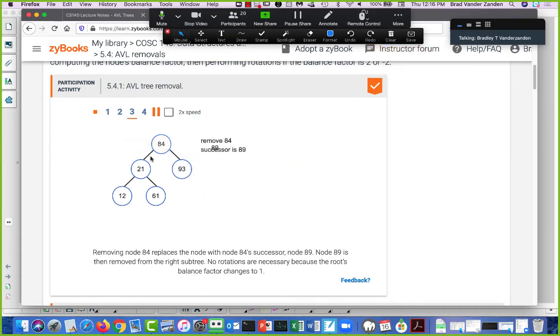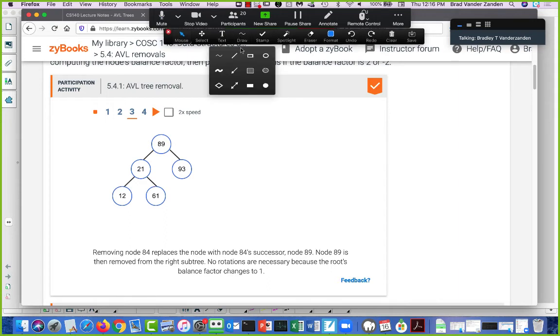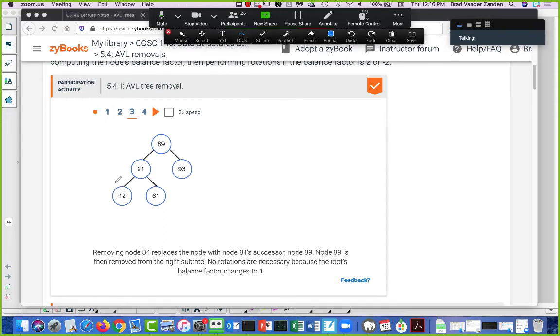At this point it was balanced, because if we look at balance factors, height here is 0, 0. Height here is 1. Height of this is 0. So the balance factor here is equal to left height minus right height equals 1 minus 0 equals 1.